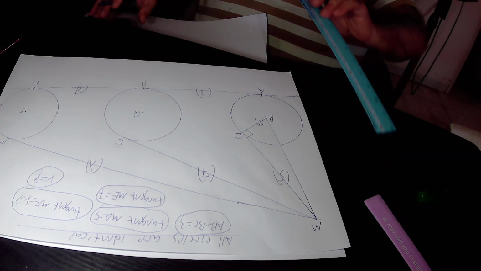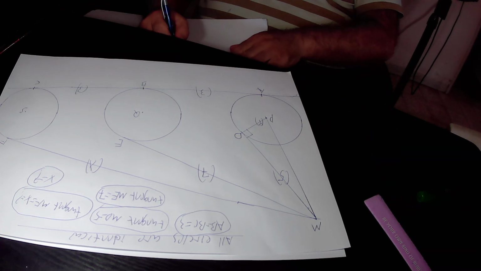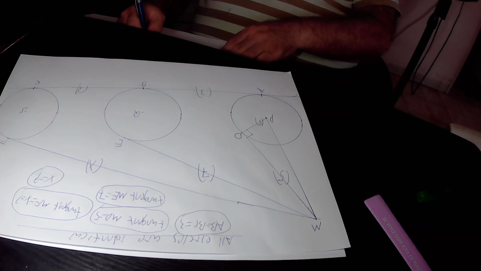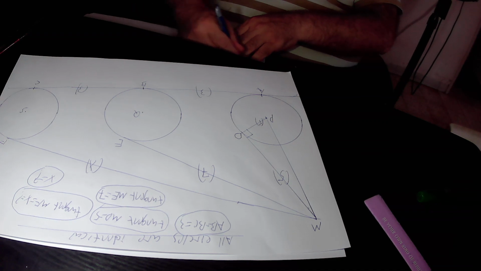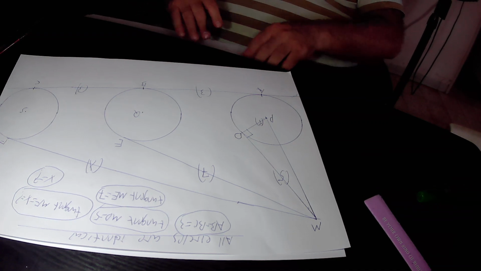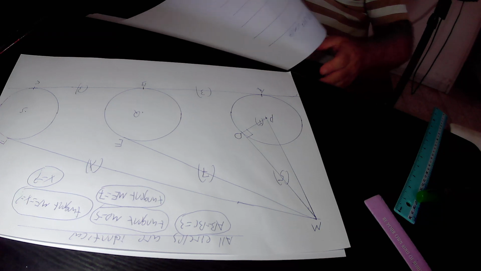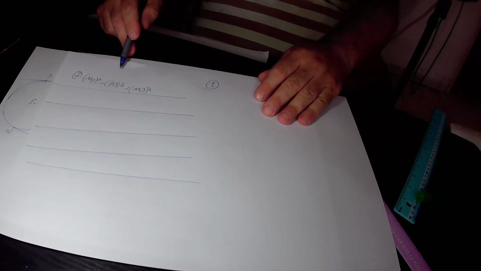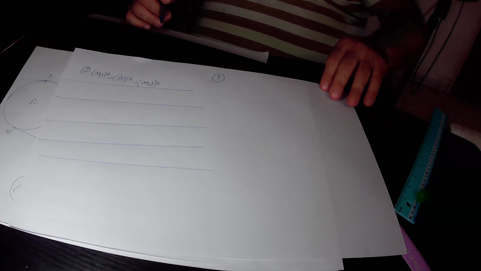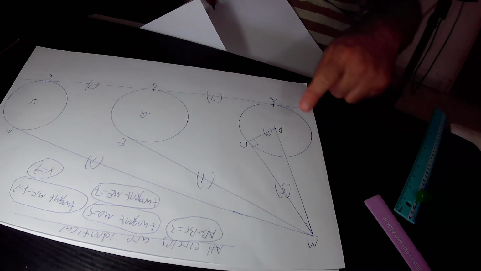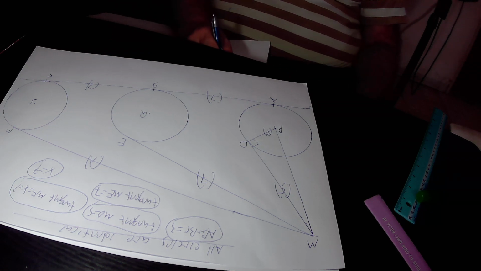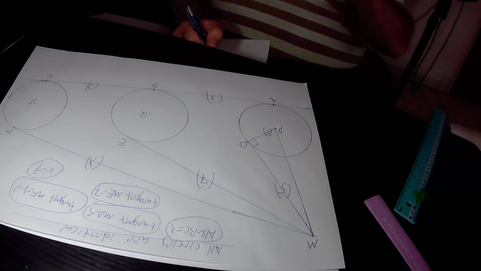Then again, according to equation 1, we found that MP square equals PD square plus MD square. MP is the missing side, so we leave it as it is, so it is MP square equals PD square.